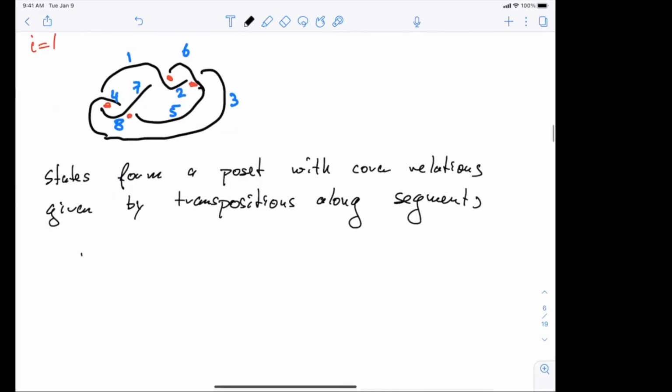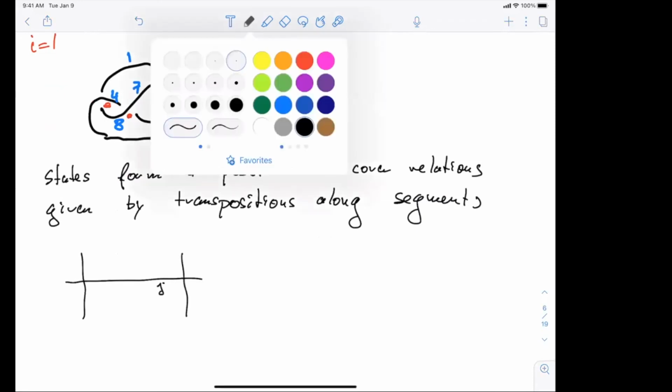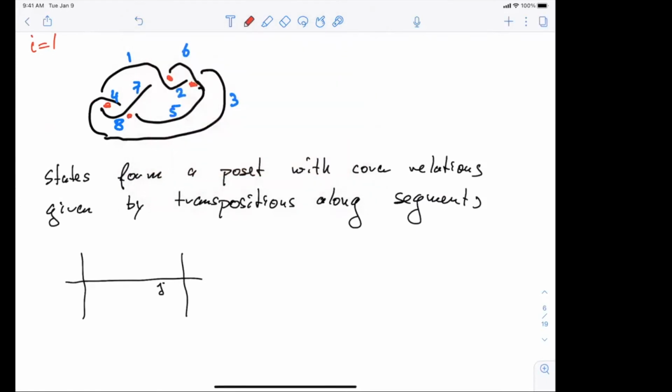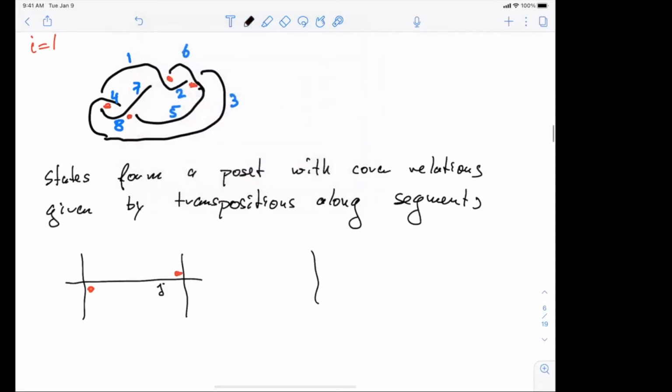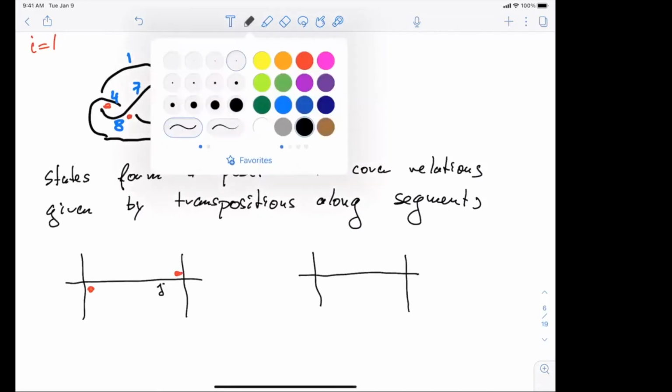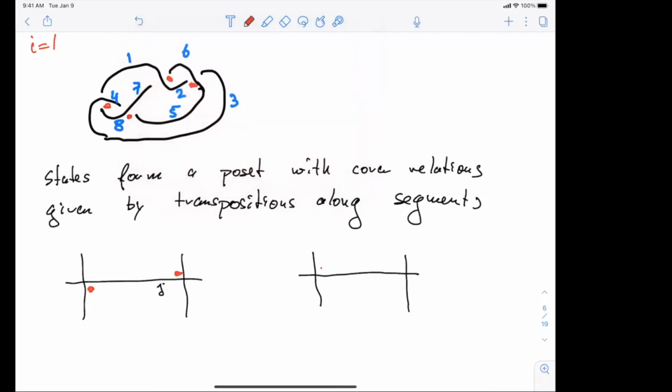Okay, so how does this go? You have a segment J, and I have my Kauffman state, which has markers for this segment. And then in another state, if I have this situation that I have two markers on the segment J, I can move them.